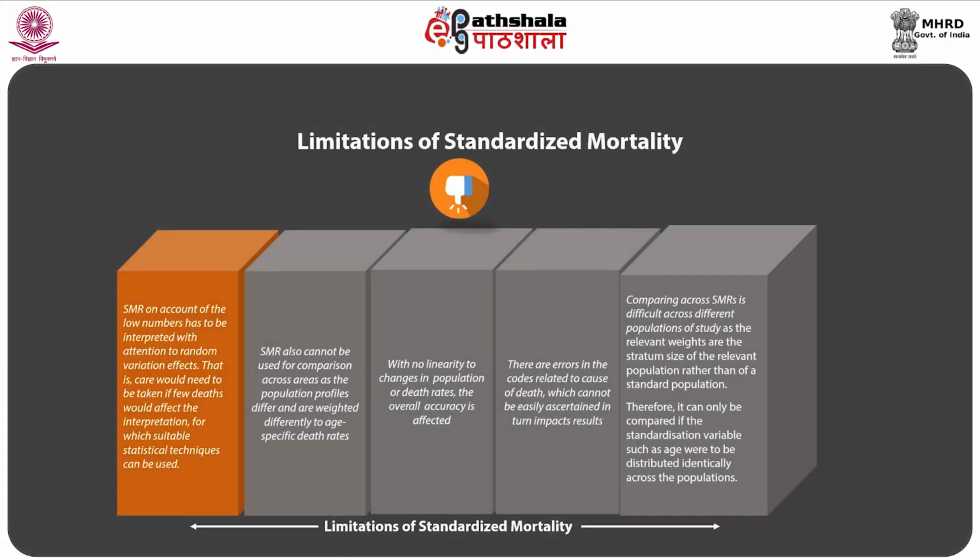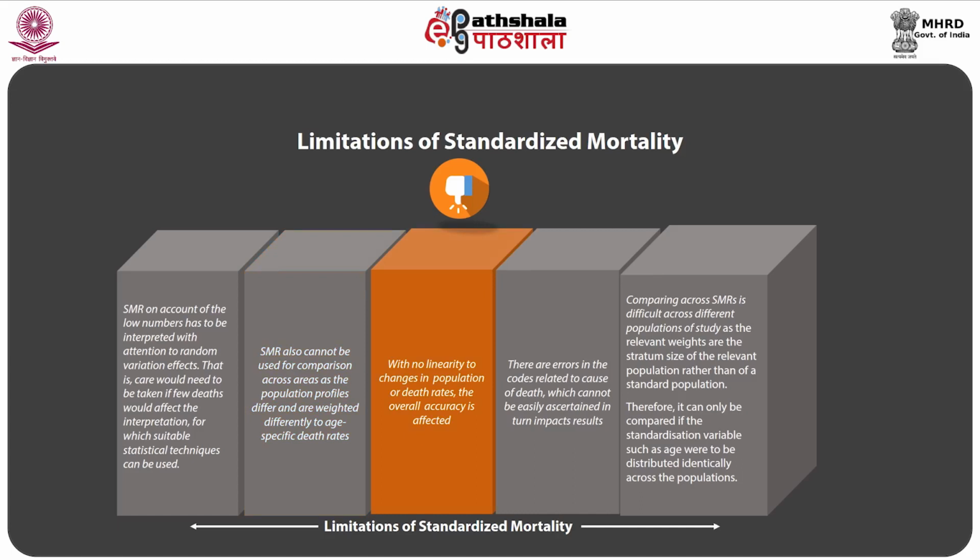Limitations of the SMR. Number 1. The SMR, on account of low numbers, has to be interpreted with attention to random variation effects. That is, care would be needed if few deaths would affect the interpretation, for which suitable statistical techniques can be used. Number 2. SMR also cannot be used for comparison across areas, as the population profiles differ and are weighted differently to age-specific death rates.